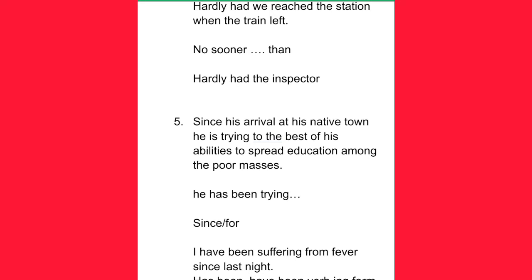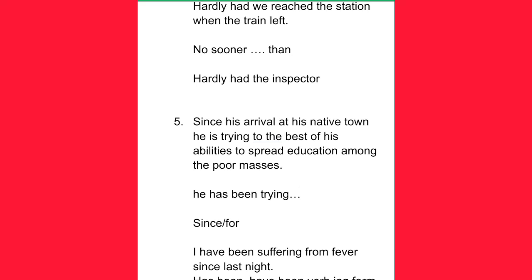How long has he been trying to do it? Since his arrival. That means as soon as he arrived in his native town, he started doing this work. So he's not spreading education only at this particular moment, but that action started sometime in the past and is still going on.